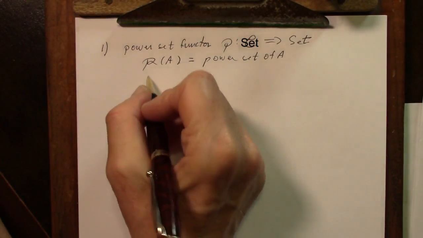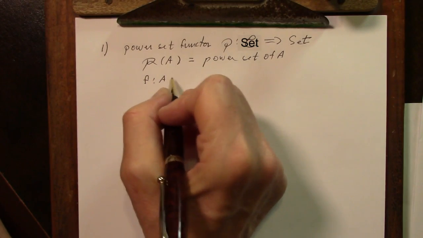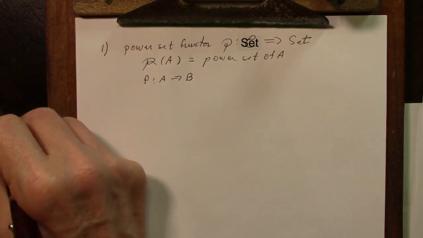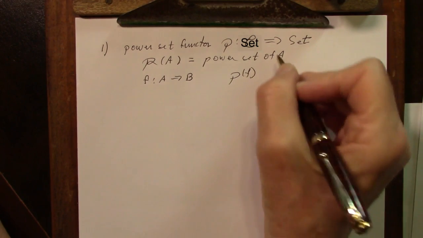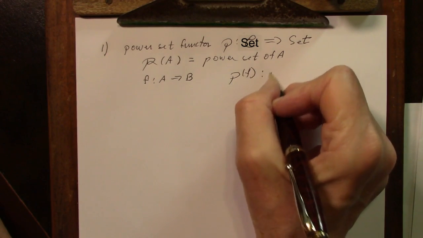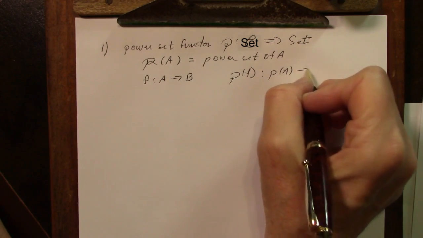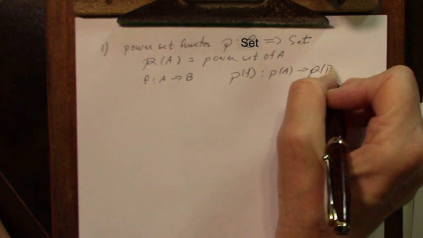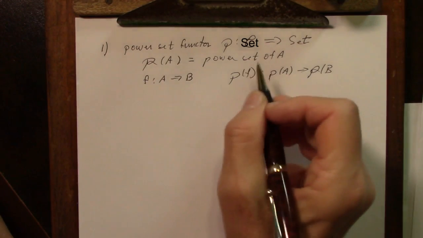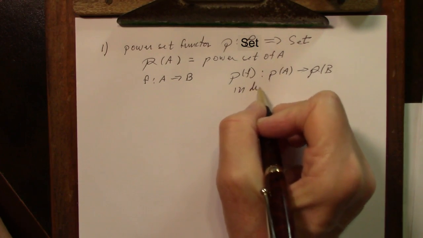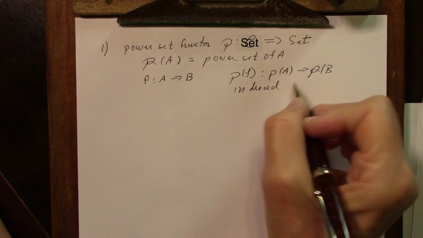And if we have a morphism from A to B, so that's just a plain old set function, Pf maps PA to PB, and it is the induced function.